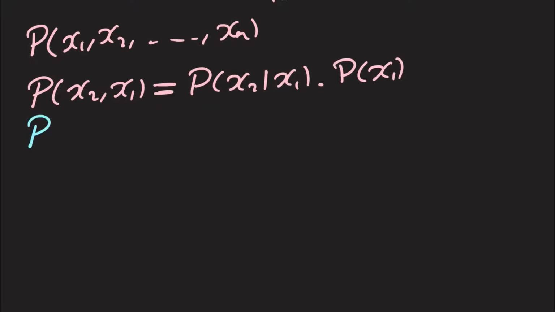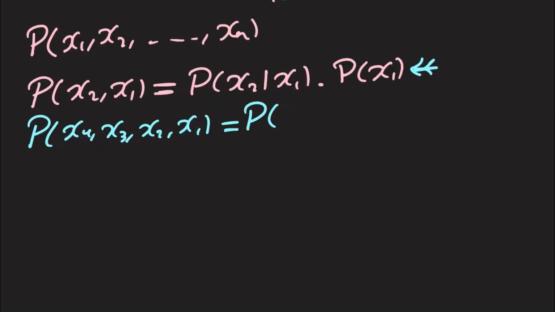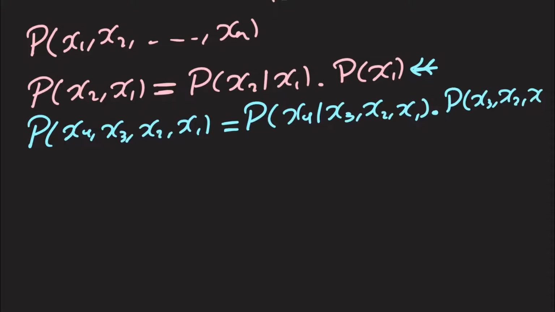So here we have 4 random variables, x4, x3, x2, and x1. We know that these are not independent, so we're just going to continuously apply the chain rule and see what we come up with. I'm going to start by writing down p of x4 given all else, so x3 and x2 and x1, and then multiply that by the probability of x3 and x2 and x1.